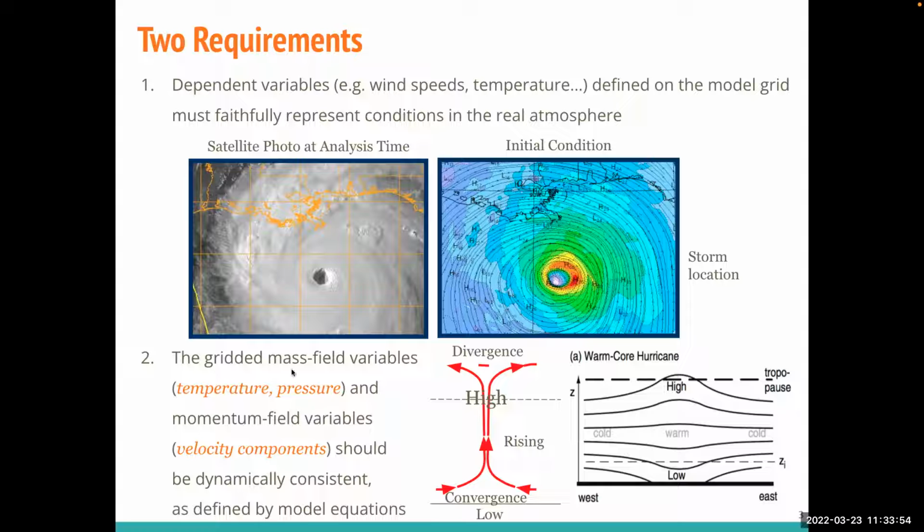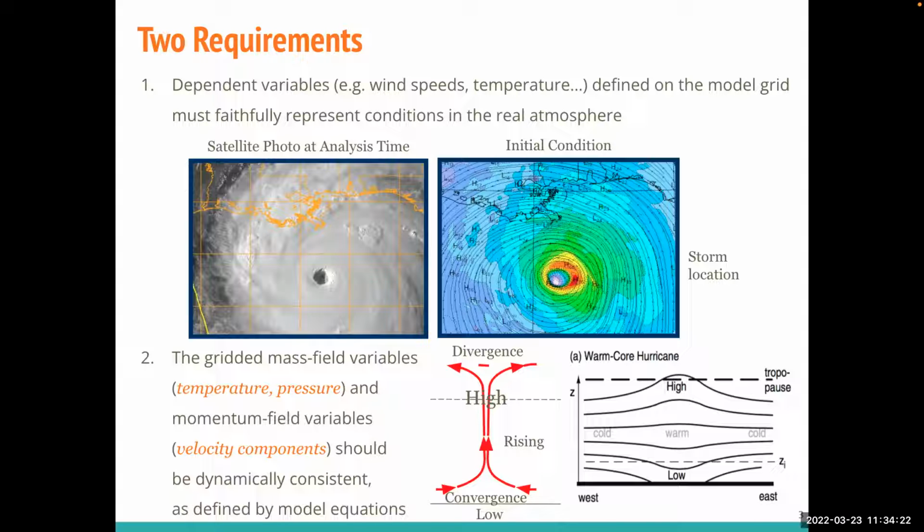Okay, and the gridded mass field variables, we're talking about temperature and pressure. So you already learned about the staggered grid case, okay, and momentum field variables are the velocity components. So they should be dynamically consistent. And of course, data assimilation is not just interpolation.